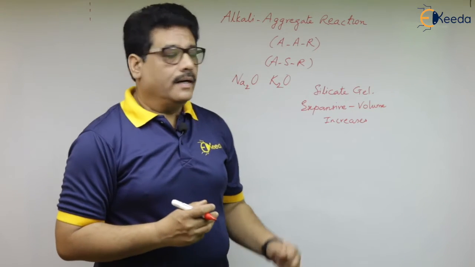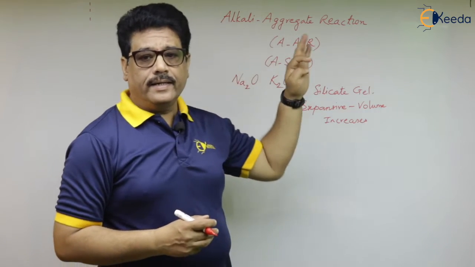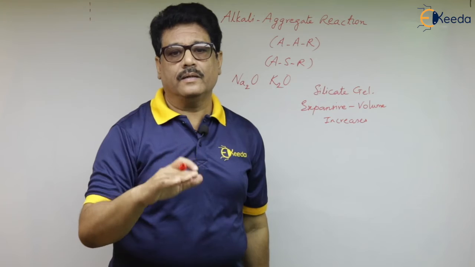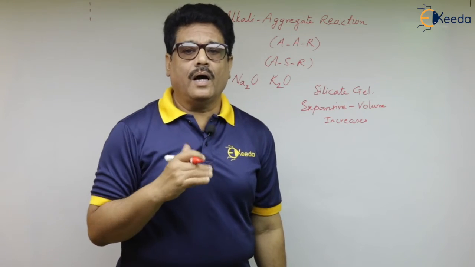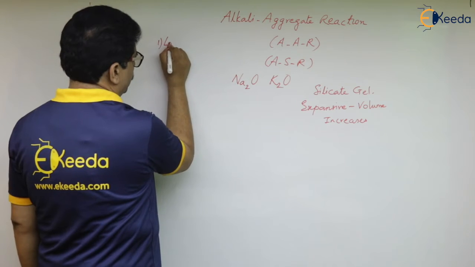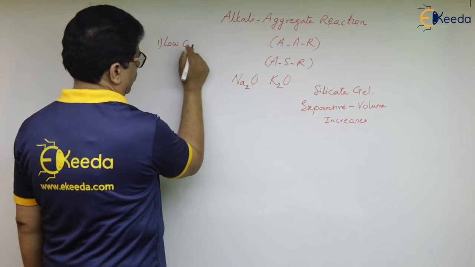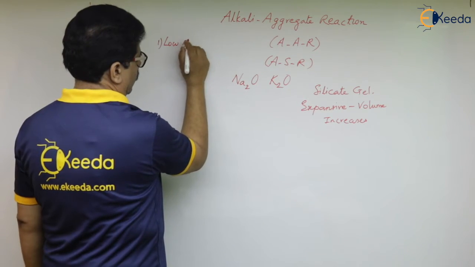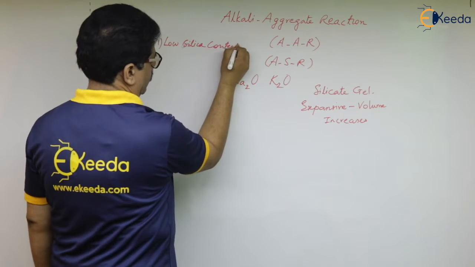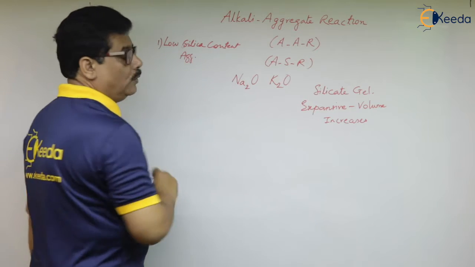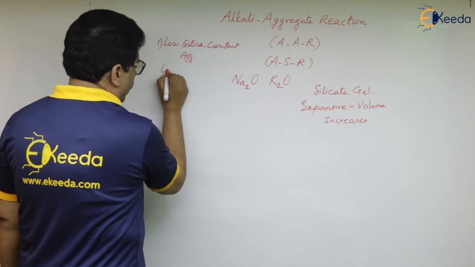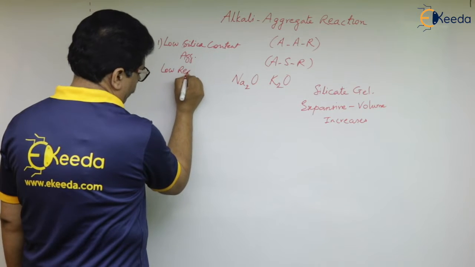Hence the alkali aggregate reaction or the alkali silica reaction should always be controlled. How to control that? The best way is to use low silica content aggregates, which are called low reactive aggregates.